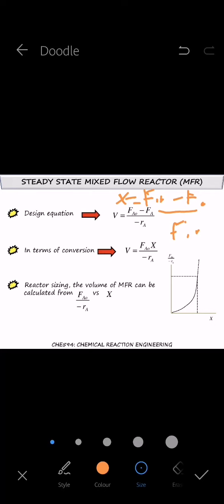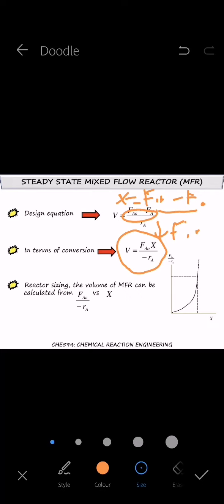So kalau you tengok FA0 minus FA ni kan sama dengan ni. So dia masukkan saja. So dapatlah in terms of conversion design equation dia begini.